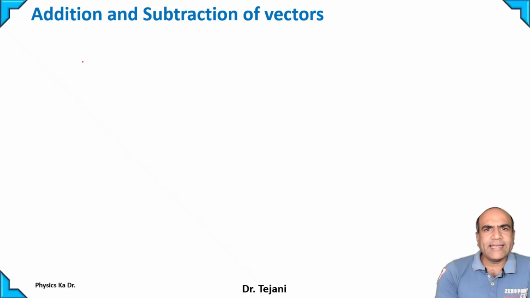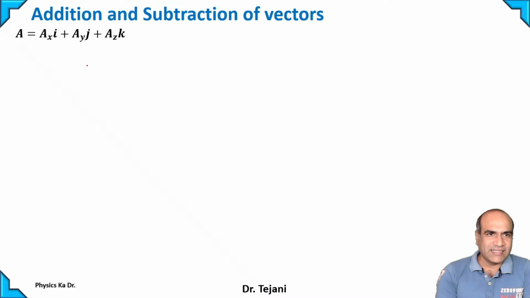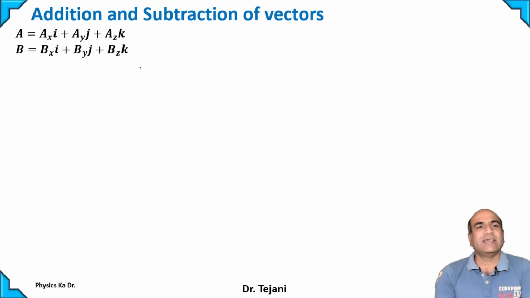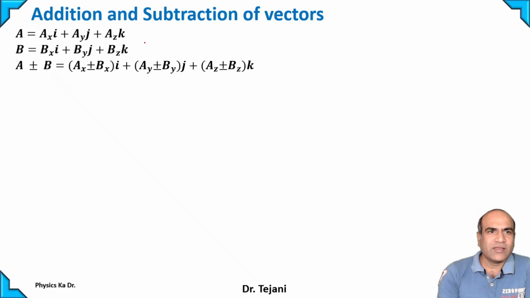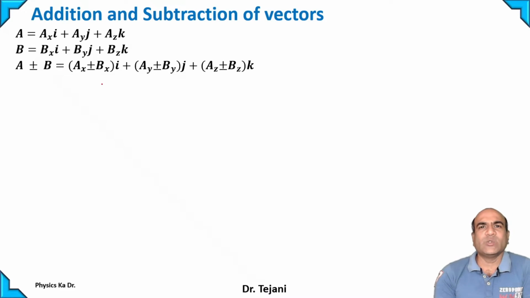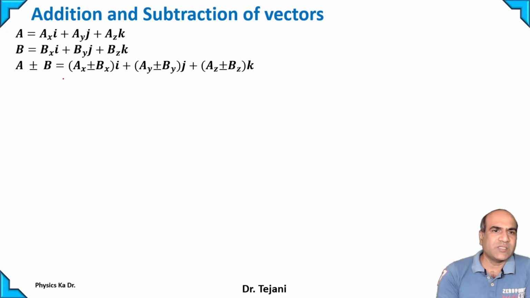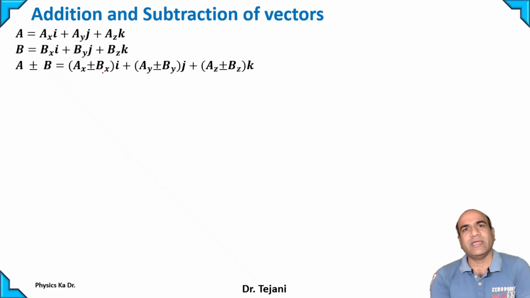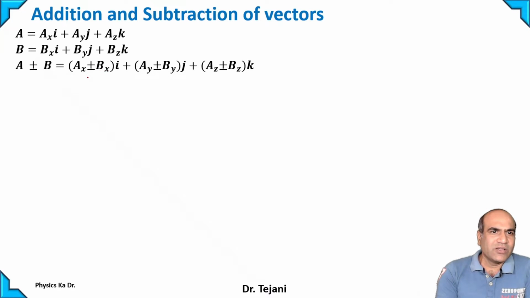Now next is addition and subtraction of vectors. Let us assume vector A is equal to this one and vector B is equal to the second one. Now see, addition and subtraction is very easy. For A plus or minus B, whatever sign is held by A or B, you just keep it as it is. You just need the addition of i, that represents the x direction, so only the addition of x is required here, then the addition of y.